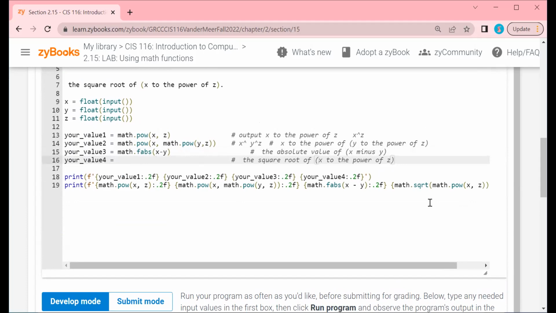So I'm going to use the square root function and the power function. So inside of here, I'll say math.sqrt first, SQRT. And then I'm doing the square root of x to the power z. So math.pow, and then x comma z, and close that out.